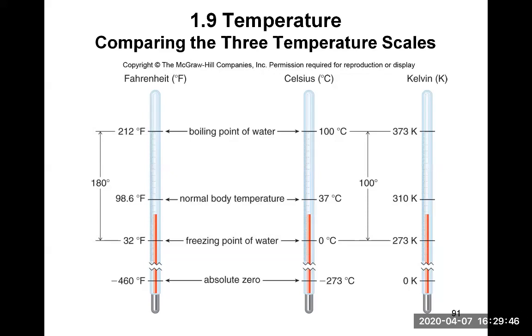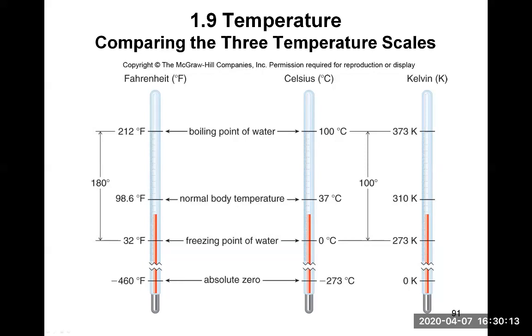The normal body temperature in Celsius is 37 or Kelvin 310, and in Fahrenheit it's 98.6. So see how the Celsius and Kelvin scales have the same size of degrees, because when you go from 0 to 100 in degrees Celsius, you go from 273 to 373 in Kelvin.